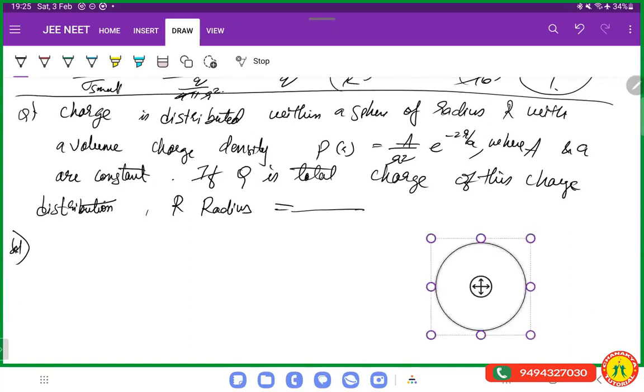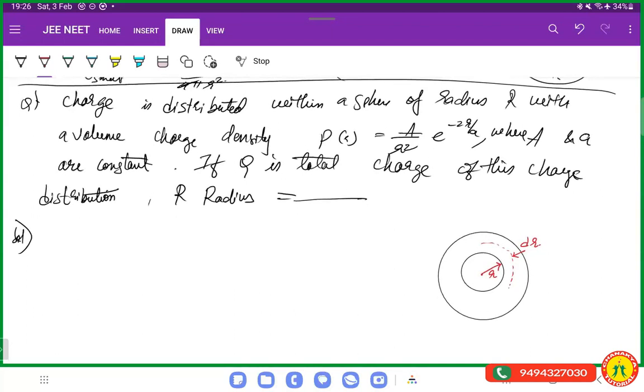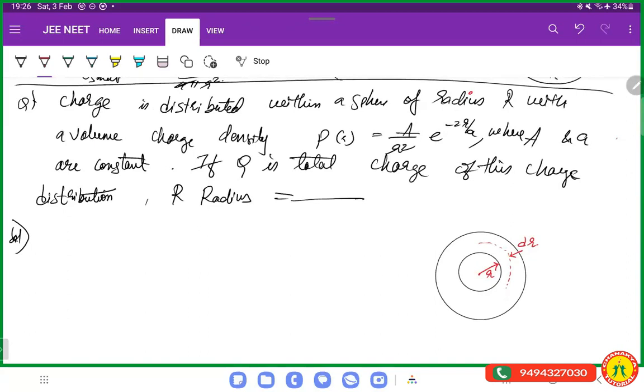This is your charge sphere, and another sphere, R, dr. If you have taken dr, it means we need to do integration.